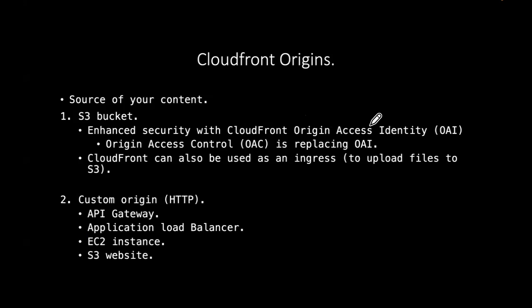It's a bit like an IAM user, and we will give our origin access identity exclusive rights to read from this bucket, and nobody else has access to the bucket. Then we link the origin access identity to our distribution. That's just a way of securing our S3 bucket.